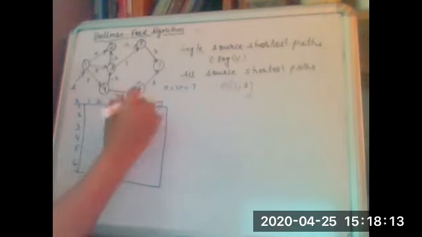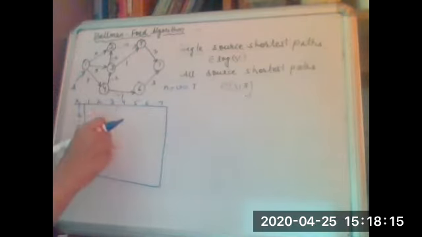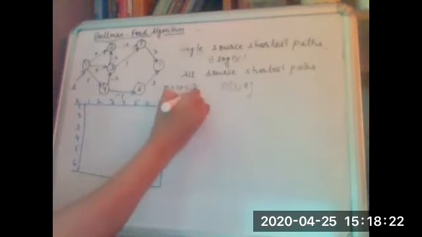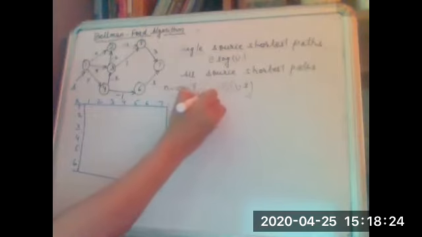What we are going to denote each column here as is distance k, 1 to 7.